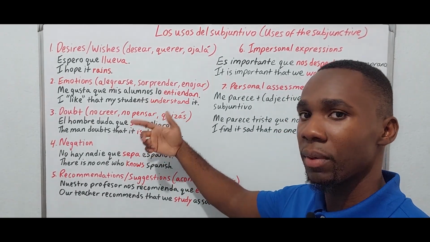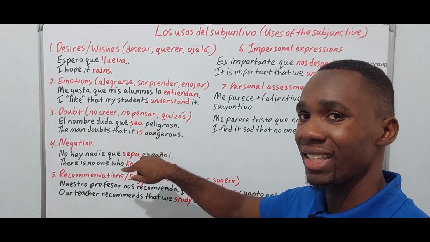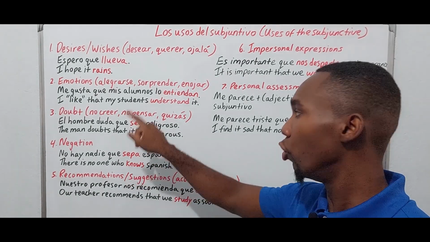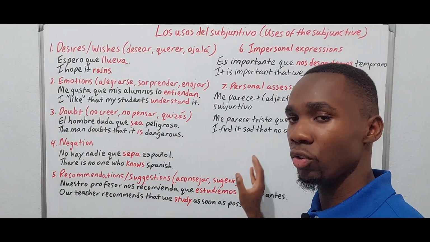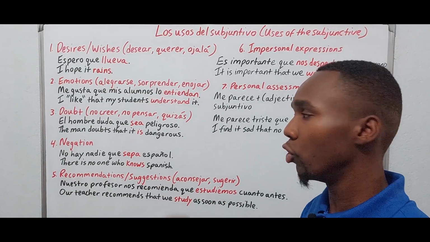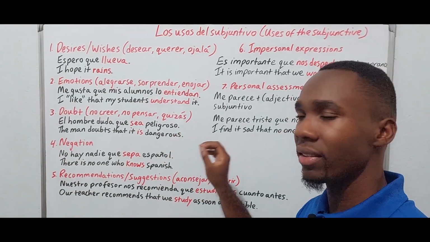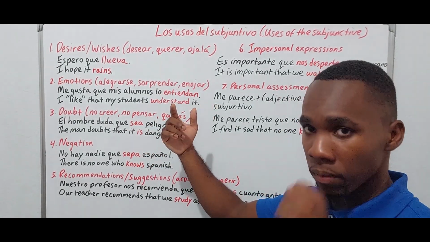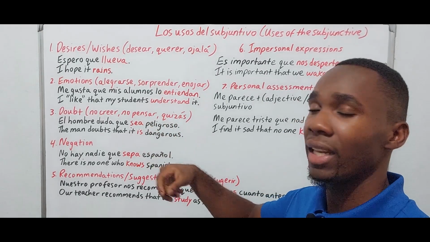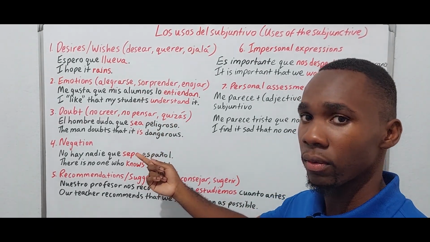Even though those express doubt, they also express negation. So no creo que, I do not believe that, and then you use the subjunctive. So no creer and no pensar represent two uses. They represent doubt and they represent negation, right?